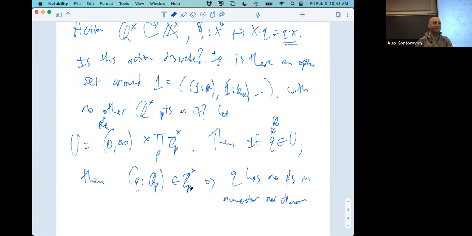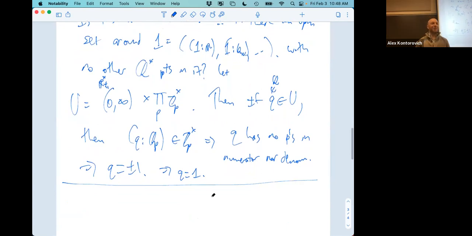So if q has no numerators or denominators, then q is plus or minus 1, and we've eliminated -1, which implies q is 1. So 1 is the only such element.